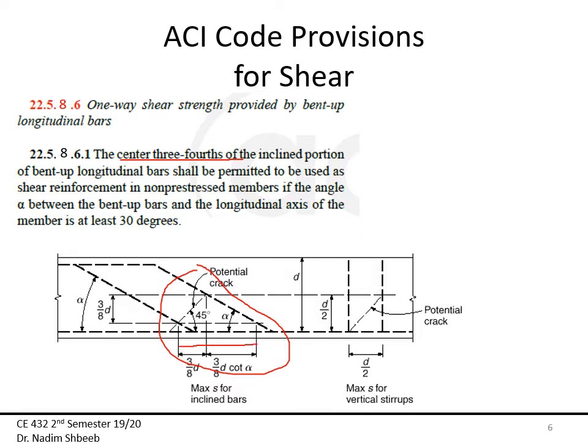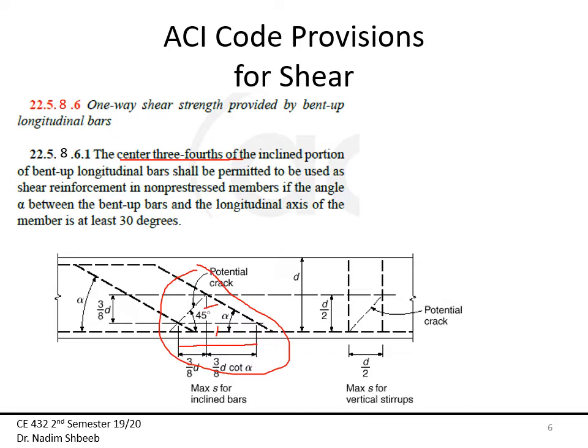So if I know this height, which is 3/8 d, then tan alpha would be equal to this divided by that, with this being my unknown now, and this will come to 3/8 d cotan alpha. Since this is 45 degrees, then this is going to be 3/8 of d. So the maximum spacing for an inclined bar is this.